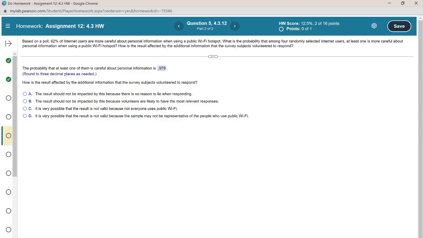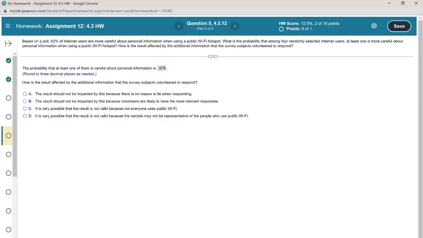Okay, so how is the result affected by the additional information that the survey subjects volunteer to respond? If it's a volunteer, then it could be a different thing. So let's read the options given here. The results should not be impacted by this because there is no reason to lie when responding. The results should not be impacted by this because volunteers are likely to have the most relevant response.